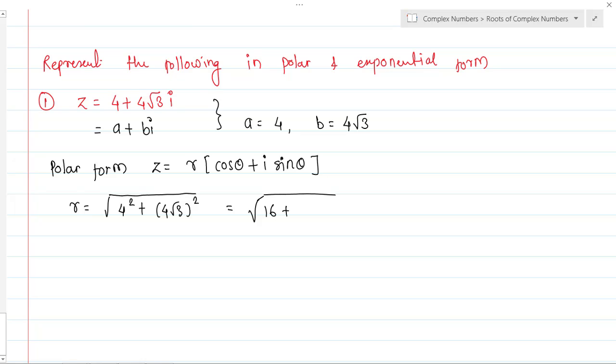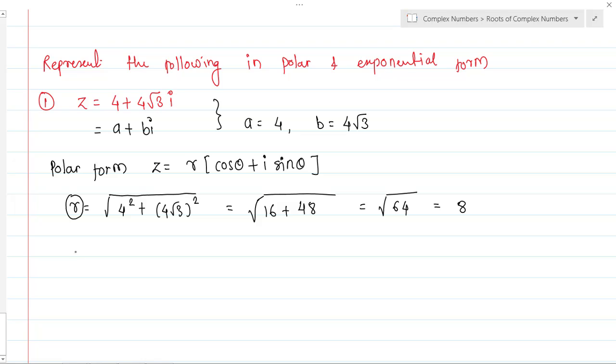So 16 into 3 is 48, which is nothing but root of 64, which is nothing but 8. Is it okay everyone? Yes, this is r.